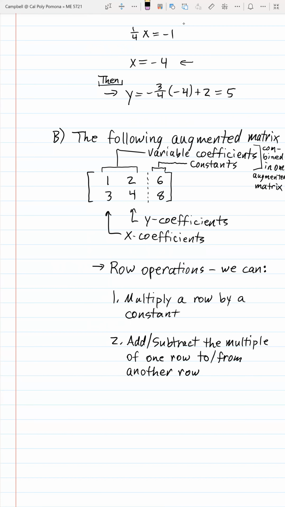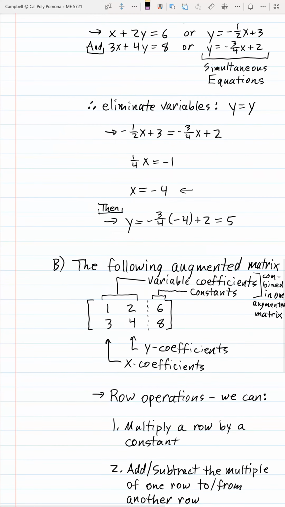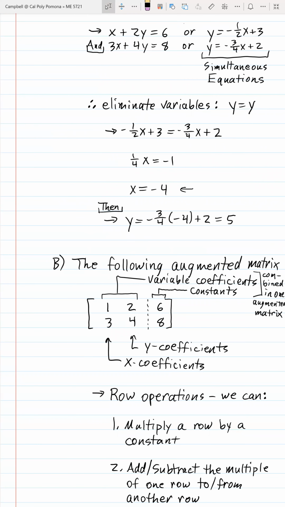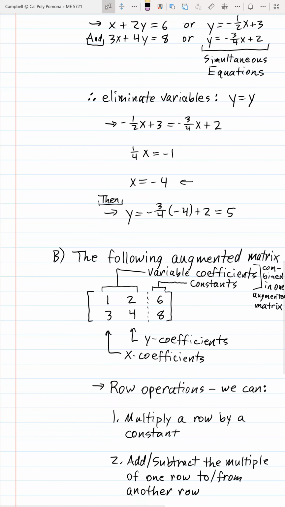Wait, but wasn't that exactly what I was mentioning up here? If I multiplied the first equation, i.e. the first row, by -2 and then added the two equations together, and of course I would multiply by -2 because that would give me a -4y in one equation, a +4y in the other, and when I add the two together, those would cancel and I would just be left with x in the resulting single equation.